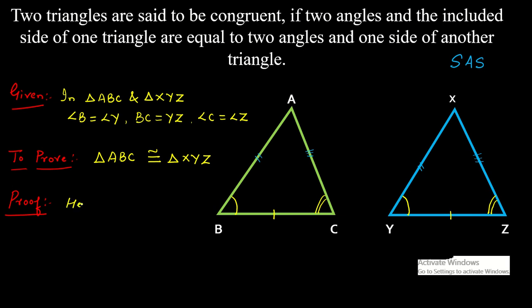Since AB and XY are sides of two triangles, that means these are line segments and we can compare their lengths.